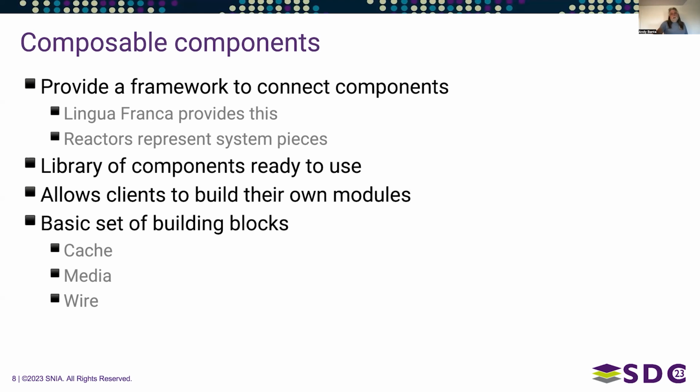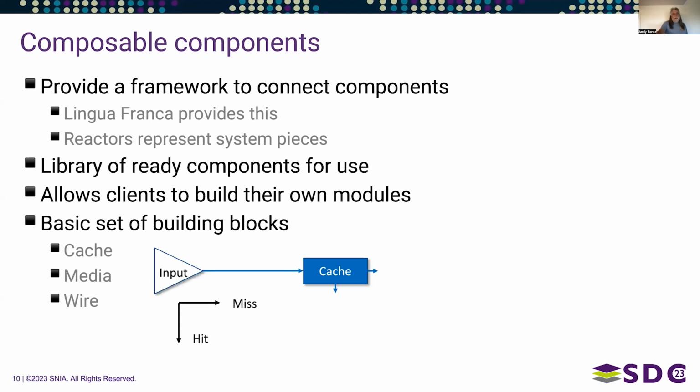The basic building blocks that we consider when we are building these simulations start with a cache. For those who aren't familiar, we are typically dealing with hit or miss caches. So the idea is that you have an input of some sort that gets converted into some sort of key by way of the cache, and then the cache will look up by that key and see if it actually has the information you want cached inside of it, or it has to go off and get it from a different source.